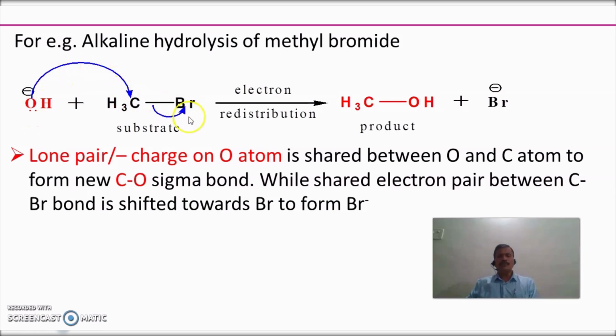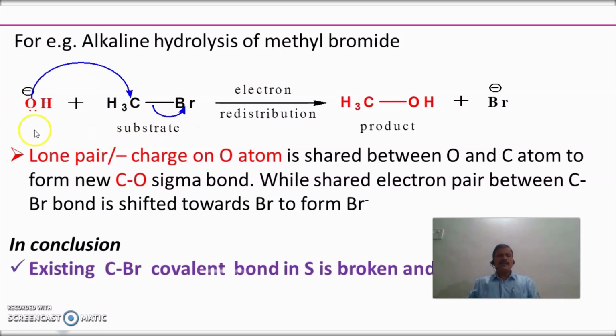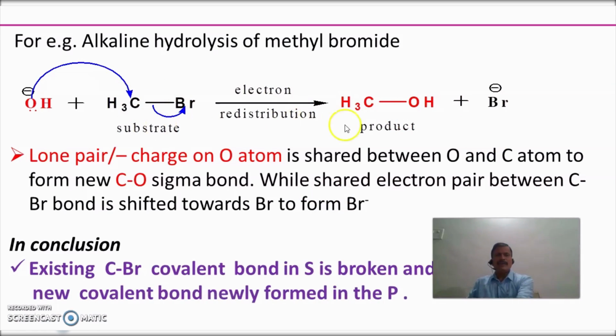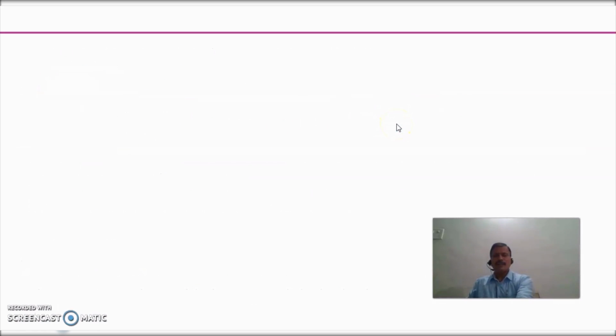In conclusion, there is a new bond between carbon and oxygen, while the older carbon bromine bond in the substrate is broken down and does not appear in the final product.